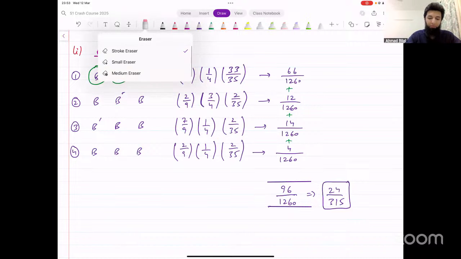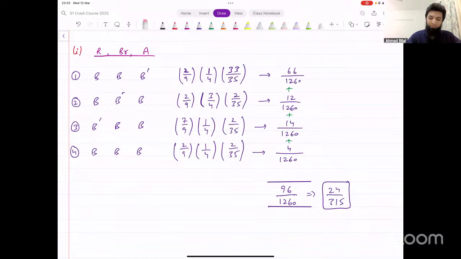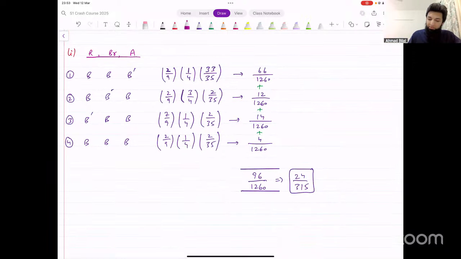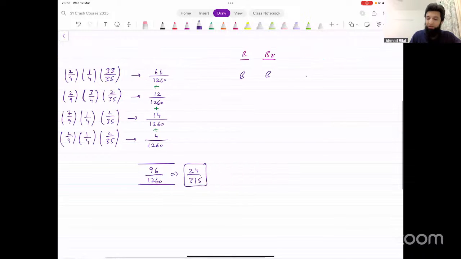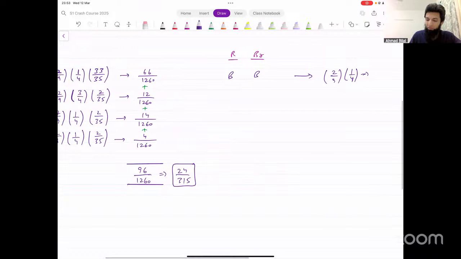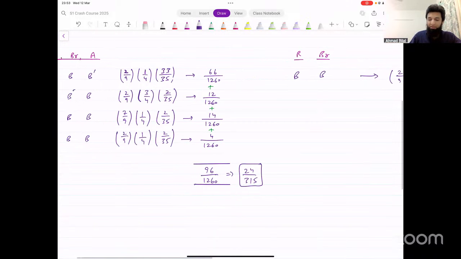Okay, the problem with that would be, if you say Rick chooses B and Brenda chooses B, you find this probability and you don't apply any condition to Ali. That is going to give you 2/9 into 1/4, and that will give you some number that's 2/36, which is 1/18.